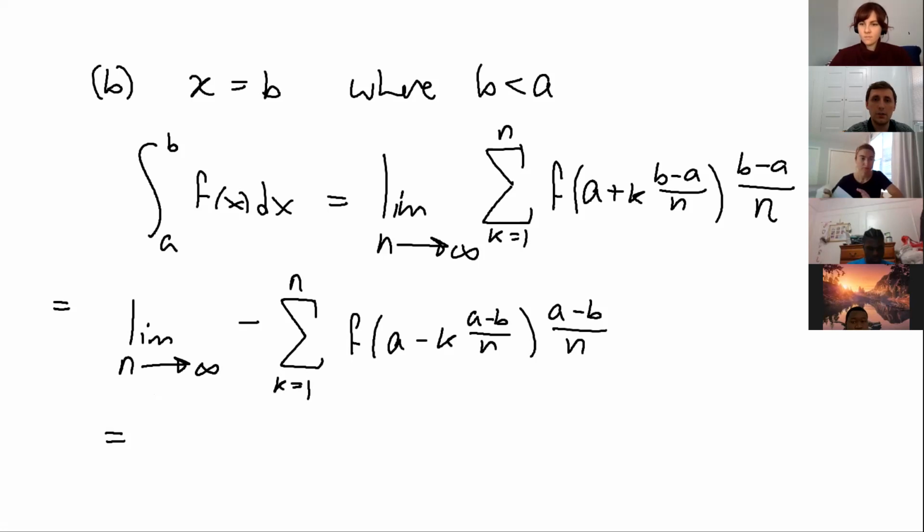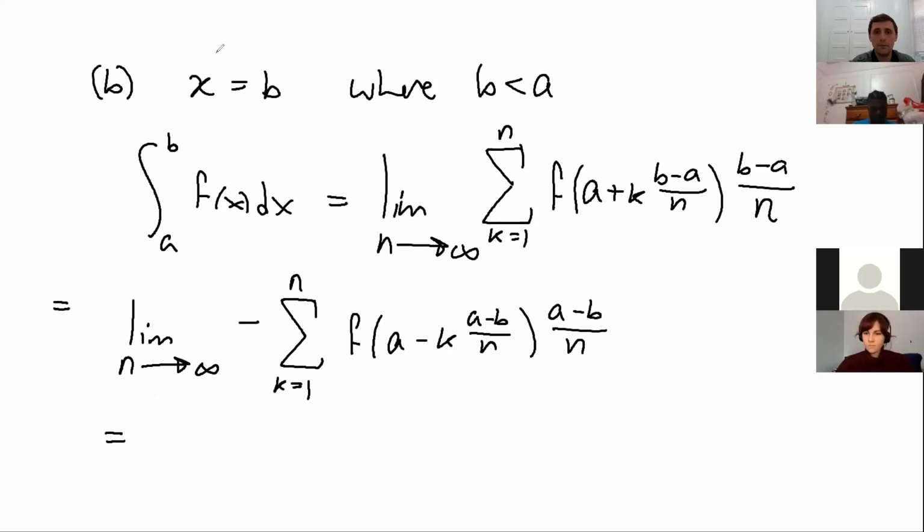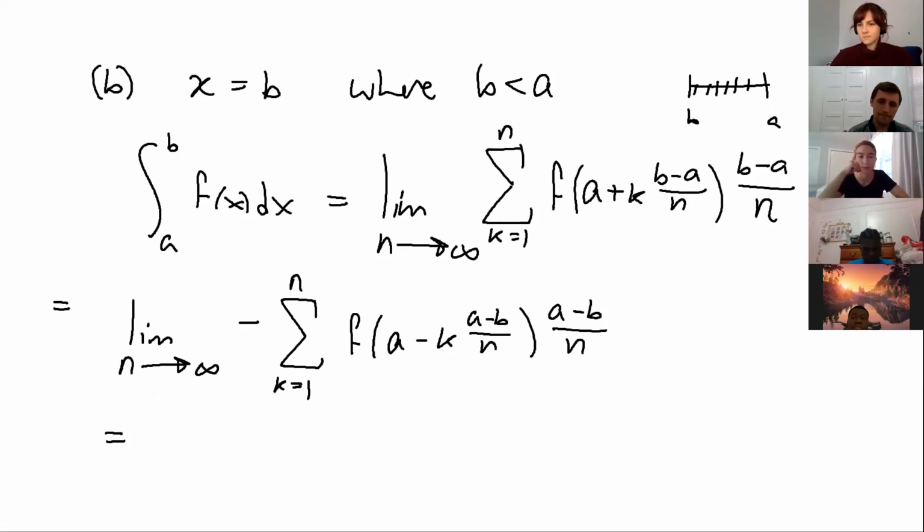Again, guys, if you do not see it, if b is less than a, this is the way the interval is broken. So this is b, this is a, and this is what we should be seeing. So what is this describing, please? Very good.